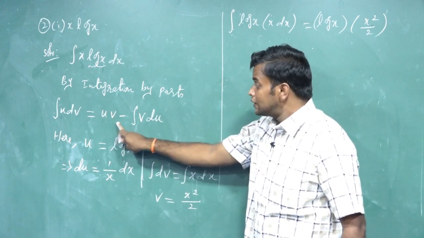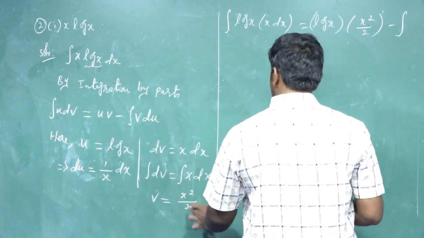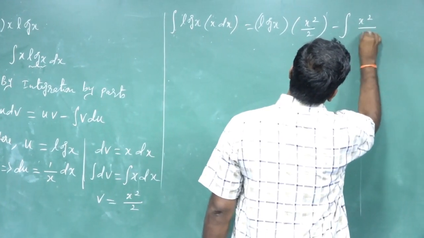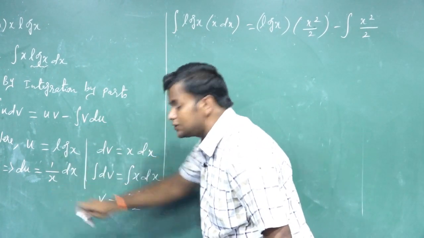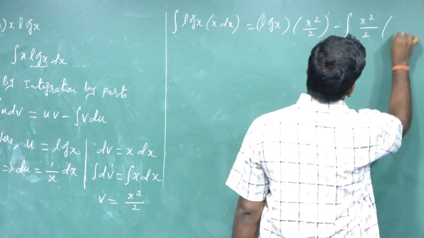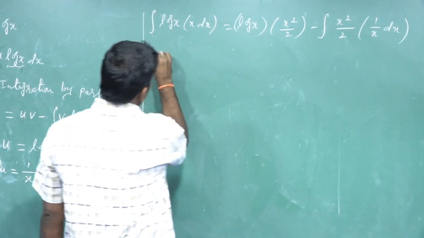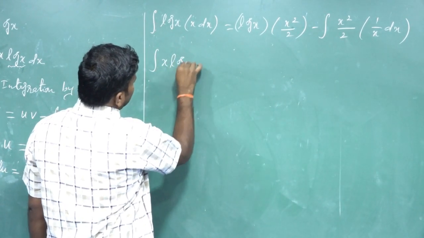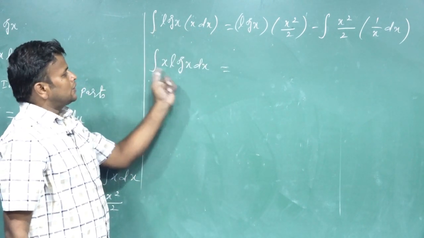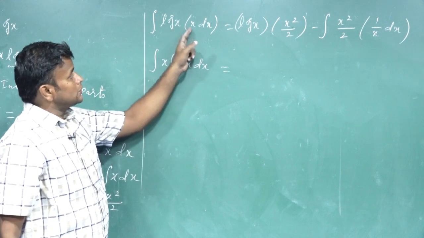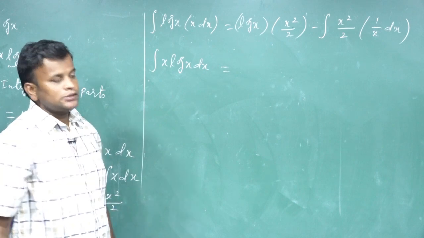Next, minus integration of v du: minus integration of x square by 2 into du, the value of du is 1 by x into dx. It is nothing but our given sum. We multiply x into log x dx. We don't multiply this x into x, because this x is multiplied with log. So x log x dx.